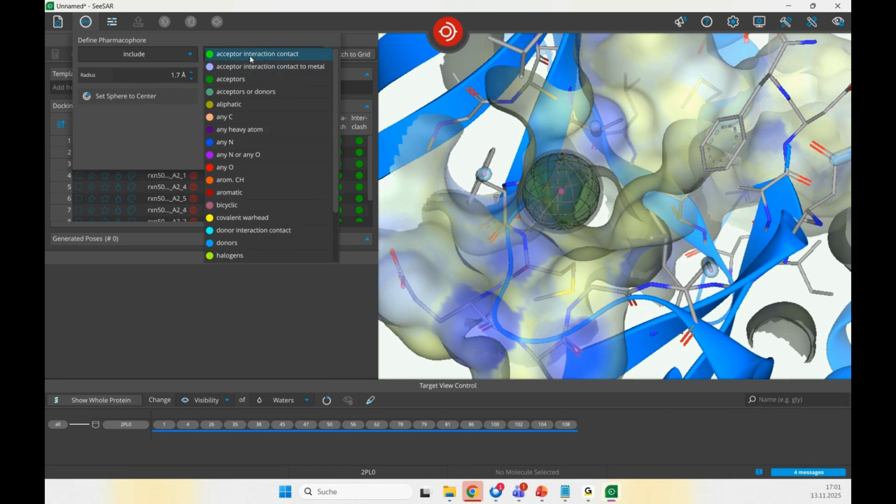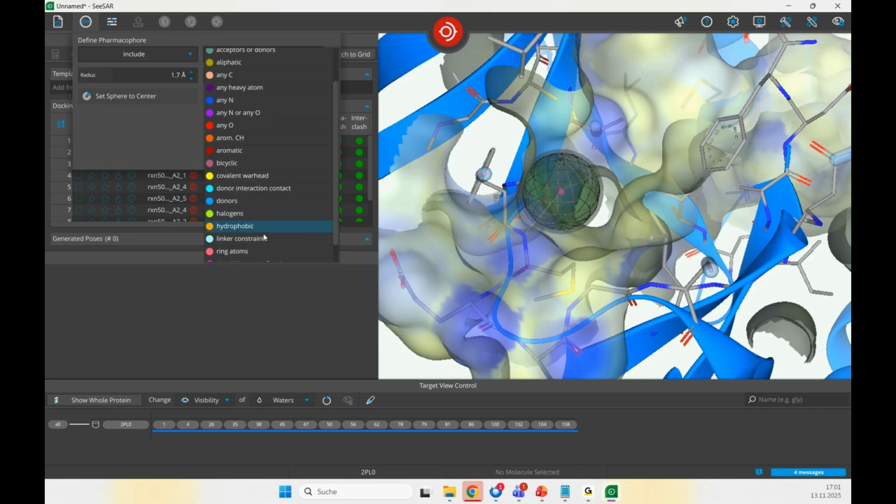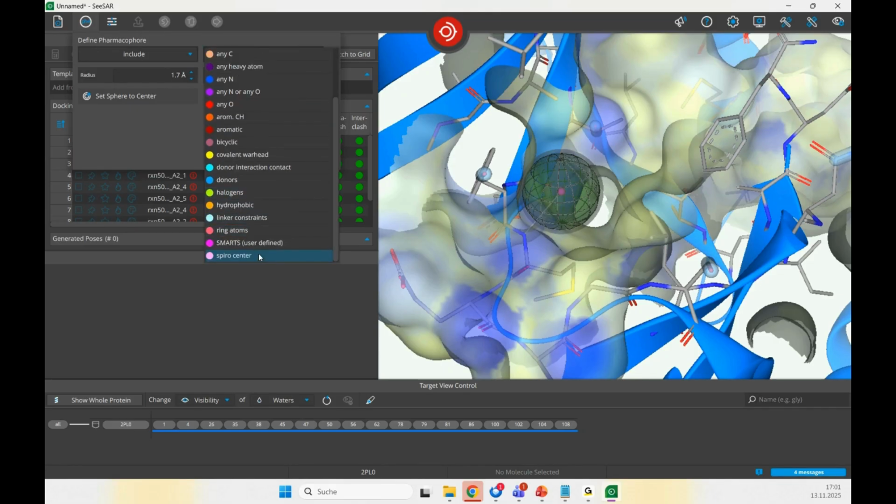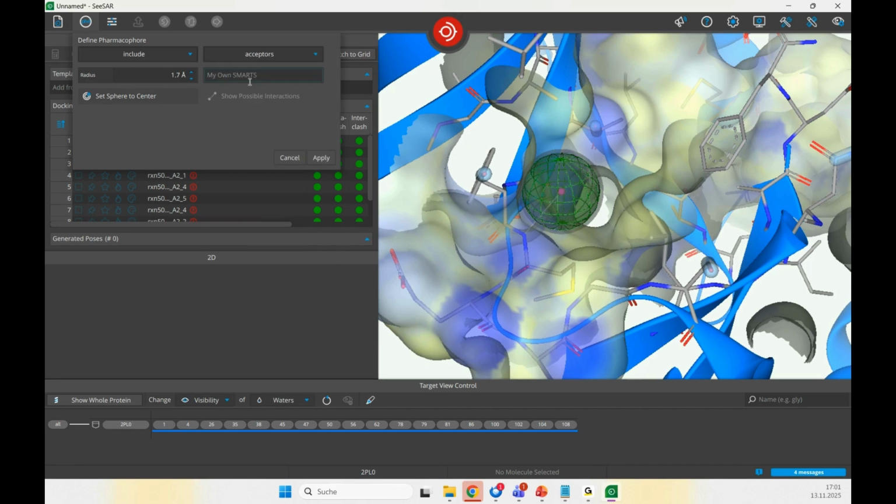I have a huge array of selections from hydrogen bond acceptors, donors, to aromatic residues, halogens. Honestly, I forgot how many pharmacophore constraints we do have inside. What is quite useful, you can also use your own SMARTS definitions to set a pharmacophore constraint. In this case, I will just set hydrogen bond acceptor in this section.